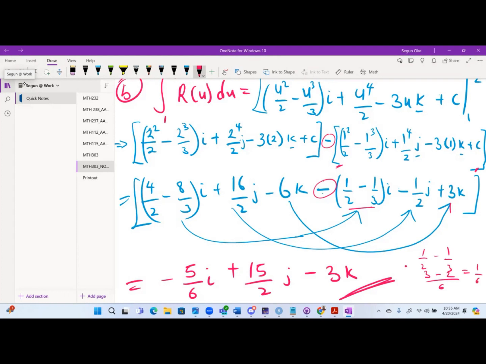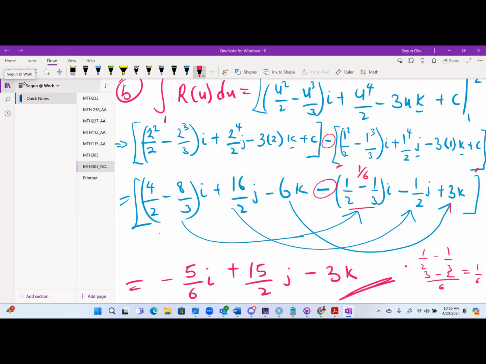So it will be negative 1/6. That's why we put it. If you open it this way, it said minus 1/2 plus this, you are complicating the matter. Resolve what is in the brackets, in the parentheses. So we have this one to be 1/6, right? Then 1/6 will multiply negative, it will now be minus 1/6i.